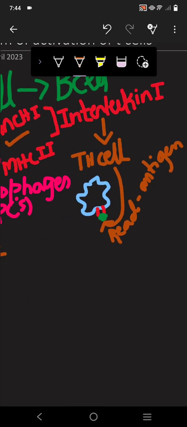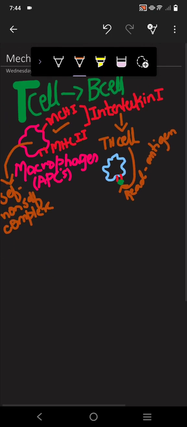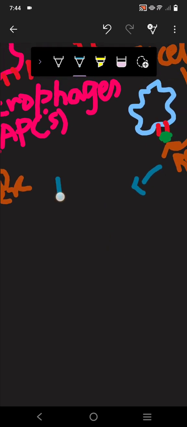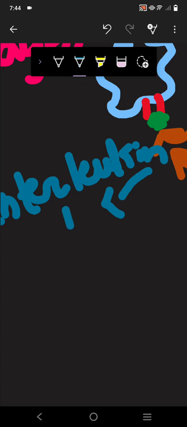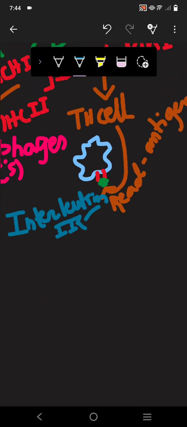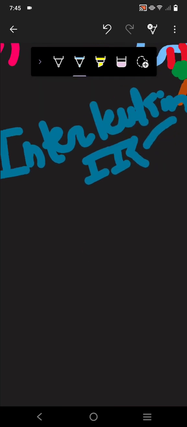After it reads the antigen, interleukin 2 will be released. So when interleukin 2 is released, which type of T cells is going to activate?